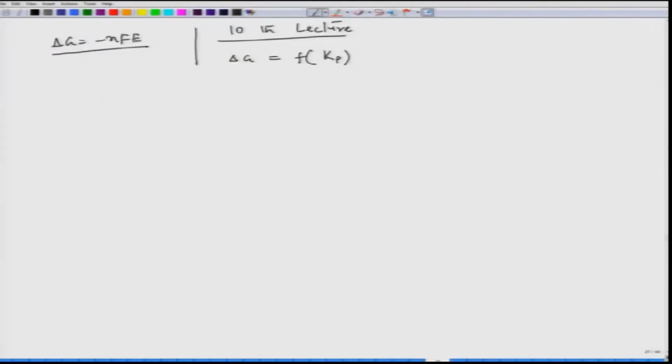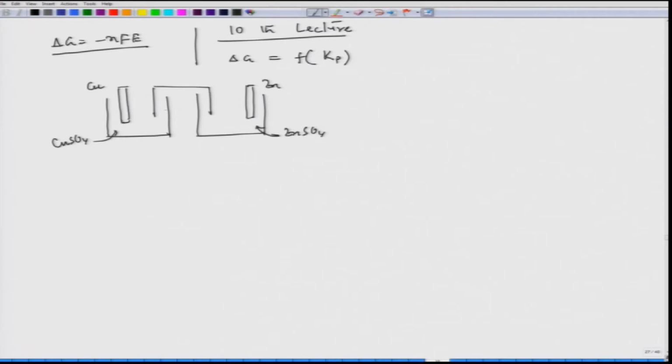cathode and anode. If we get to that old lecture, you would see that we have started discussing on this particular cell where we have zinc on one side and copper on the other, and here we have copper sulphate and here zinc sulphate.